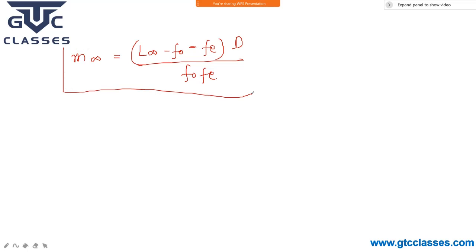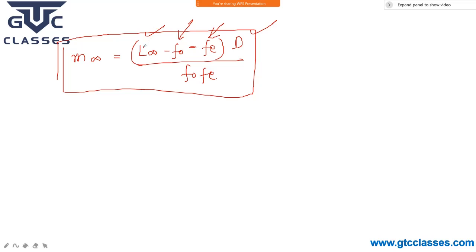This is the magnification for a compound microscope. Because when you go to the market, they will specify the focal length of the objective lens, the focal length of the eyepiece lens, the capital D, and the L infinity. It is fixed once the microscope is manufactured.